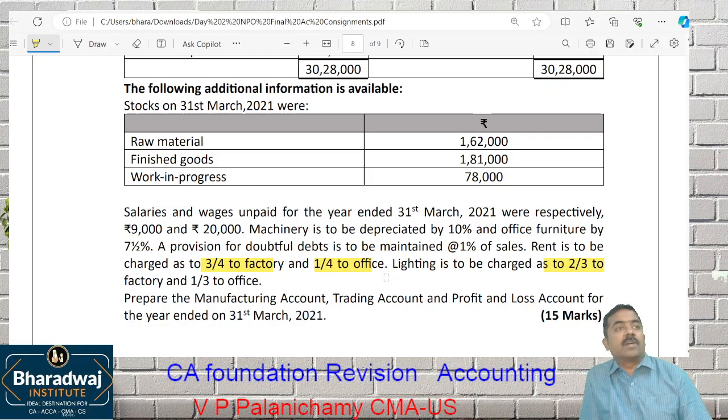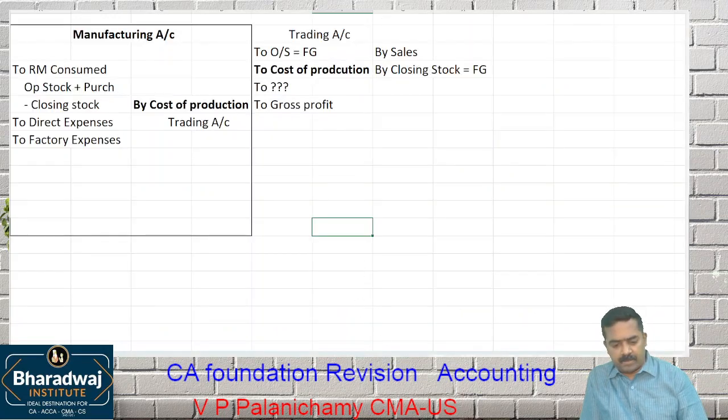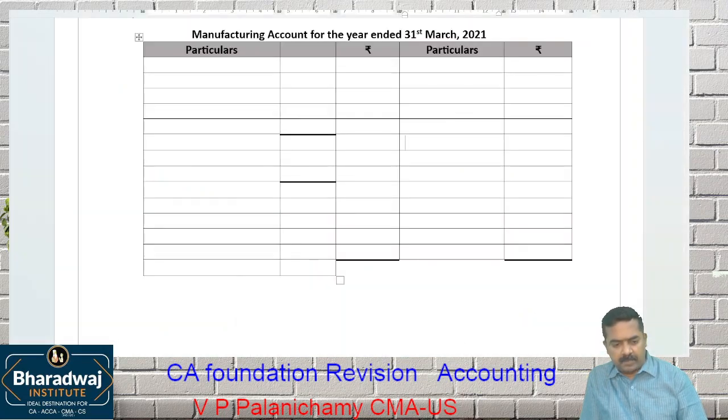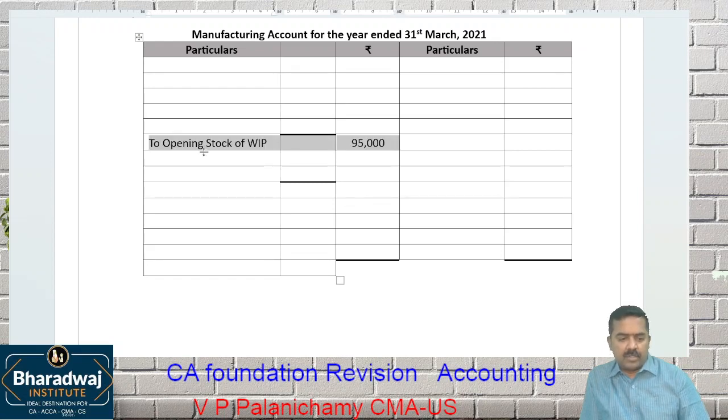Well, have you put scrap realized? Sale of scrap, have you put it? Sale of scrap will be credited to manufacturing account. So opening stock of WIP, then this would be in the first line. Presentation, I made a mistake. It should be in the first line.